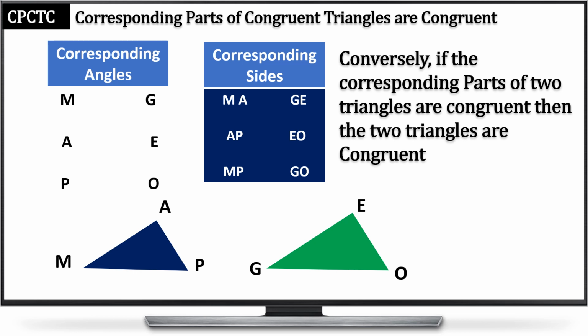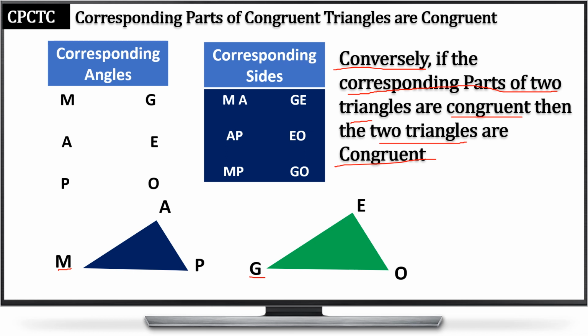Conversely, if the corresponding parts of two triangles are congruent, then the two triangles are congruent. Ibig sabihin nun, kung yung kanilang part dito ay katulad dito sa kabila, yung kanilang corresponding parts, then yung dalawang triangles are congruent. Let's find out.